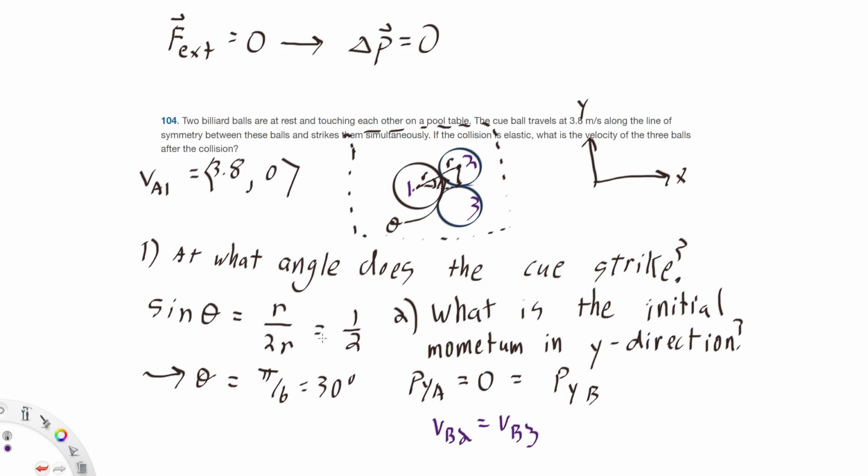So we've considered what the angle of impact is. We've considered what happens in the y direction. So now we need to consider what happens in the x direction. In the x direction, we still have conservation of momentum, right?